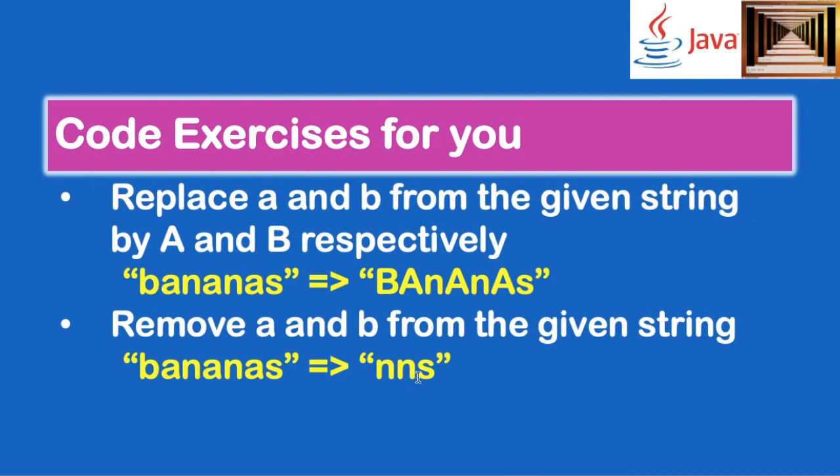So bananas will become n, n, s. So write down the code for this and share it in the comments, and I will give you feedback on it. And if you face any problem, just share it in the comments, and I will give you support and help you out there.